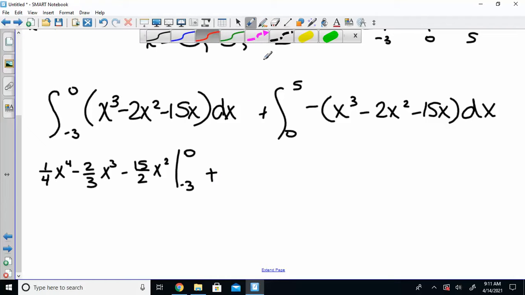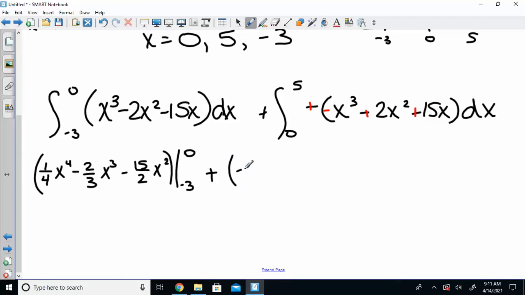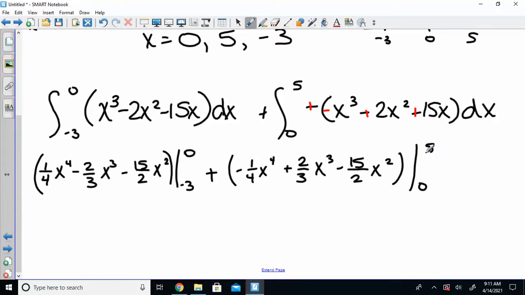I'm going to go ahead and distribute this negative. So then I would get a negative 1/4 x to the 4th plus 2/3 x cubed minus 15 halves x squared from 0 to 5.